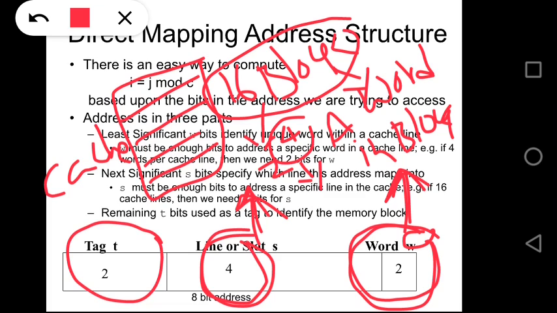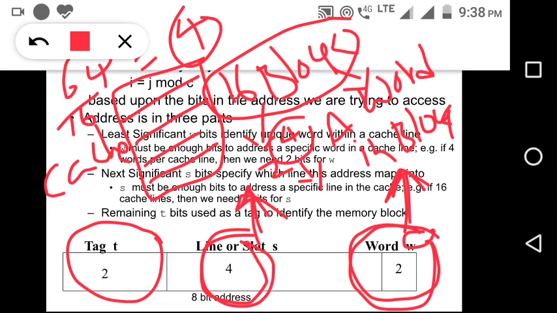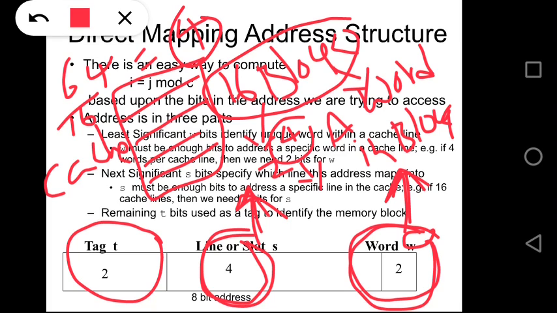How much do you get? 64 divided by 16 is 4. That identifies 4 parts in the main memory. These parts contain blocks, and blocks contain words. So this tag is used to identify which part the block belongs to.